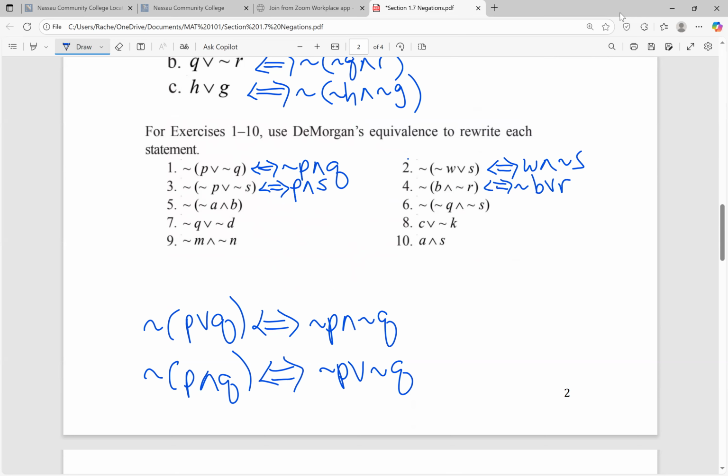Let me just write the equivalency sign first. So we're going to have A, and becomes or, and then negate B, not B. So A or not B. For number 6, we're negating a conjunction again. So not Q is going to be Q. And becomes or, and then we have not S, which is S. So Q or S.